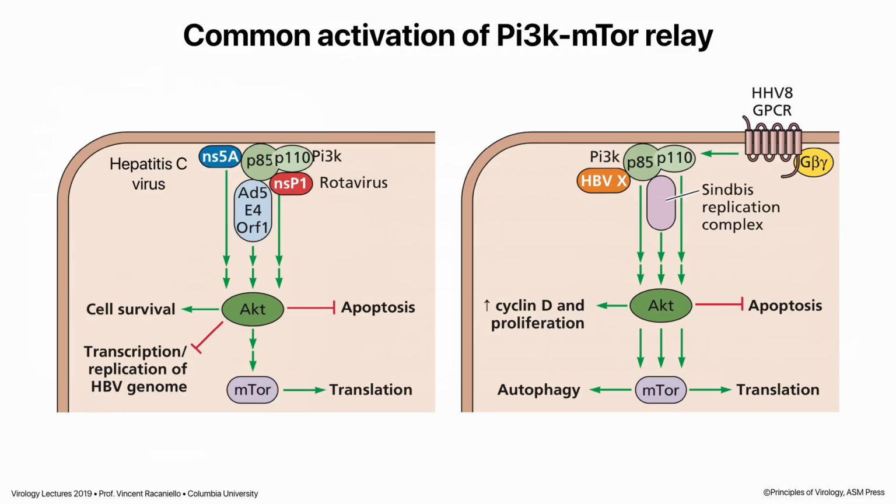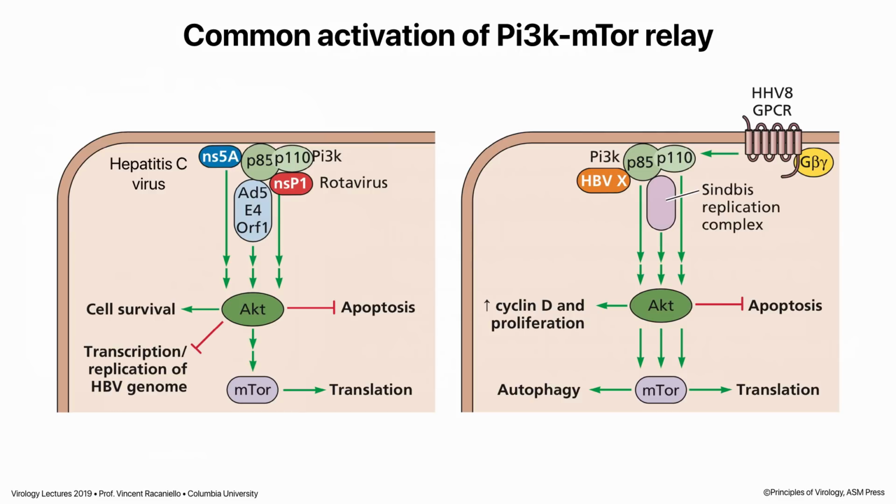So on the left, we have a number of viral proteins binding to PI3 kinase, again, which is just beneath the plasma membrane, including hep C virus, adenovirus, a rotavirus protein. And these are all stimulating PI3K and activating AKT, which will block cell death and stimulate cell survival.